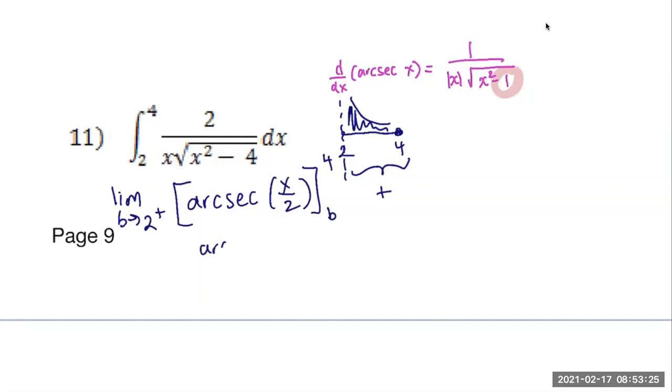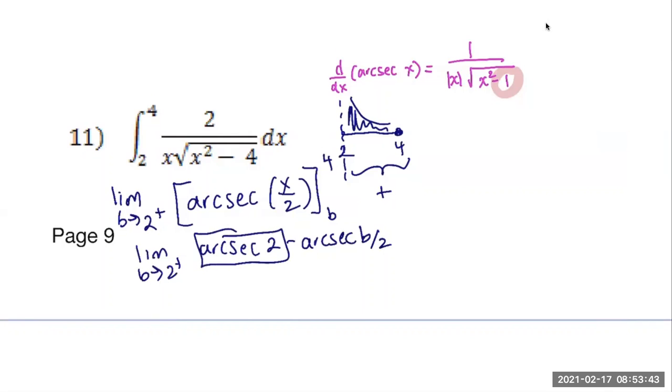Okay, plug everything in, and I just want to make sure you guys remember how to do arc secant of 2 without a calculator, minus arc secant of B over 2. Okay, so we're going to let the limit approach 2 from the right. Arc secant of 2: you can think of this as the secant of some angle. Remember, inverse is always like finding the angle. Secant of some angle is equal to 2.